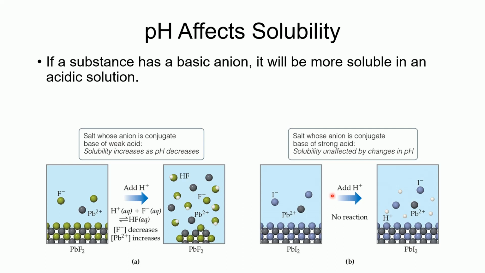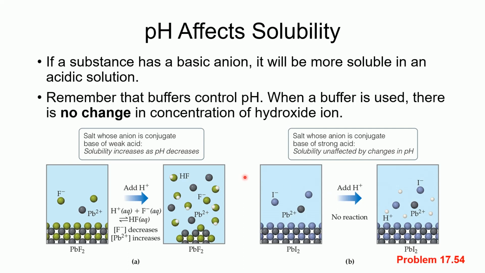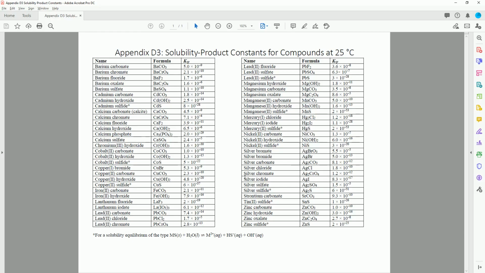Now, another thing is what if you have hydroxide ion, because some of the things on our equilibrium constant page, Appendix D3, which I'm going to come back over here. Here's Appendix D3. Some of these things are hydroxides. Like there's cadmium hydroxide, there's manganese hydroxide. There's a whole bunch of these. There's magnesium hydroxide.